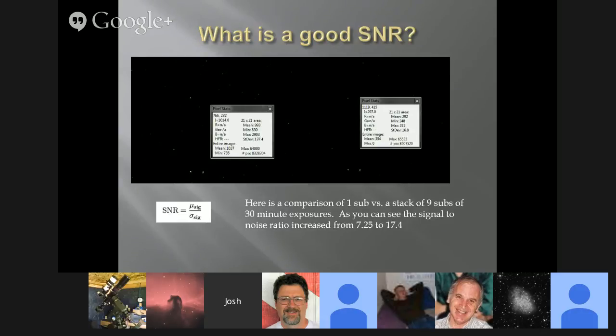So once you get that good signal-to-noise ratio with a single sub, usually somewhere between 20 and 60 minutes on narrowband exposures, you can stack a handful of them. And once you start stacking them, then you can apply that same equation, replacing your time for the single exposure with subs overall.